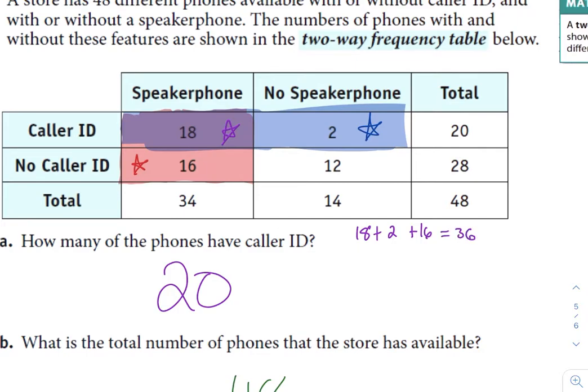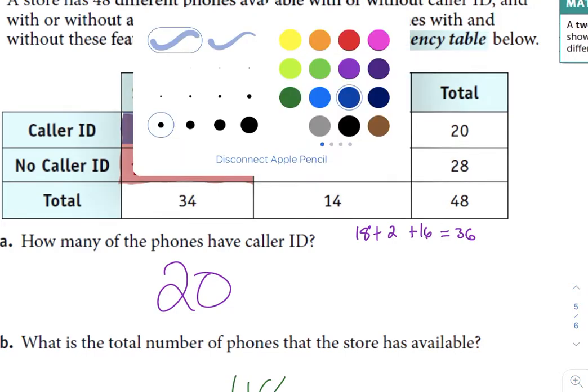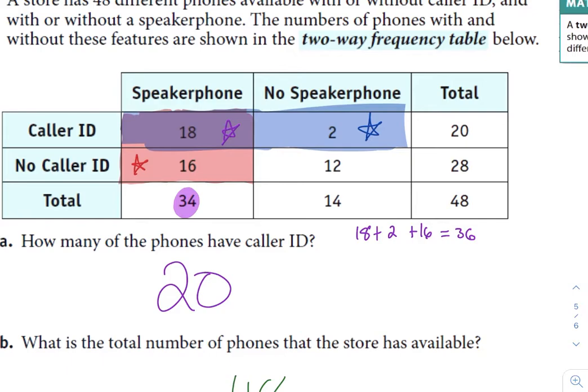Now, where you can get into trouble with a problem like this is if you thought you could add the totals to get here. And if I say, oh, okay, let me take a look. Well, I have a total of 34 speakerphones and a total of 20 caller ID, which is 54, which you can see is not the same thing we got.